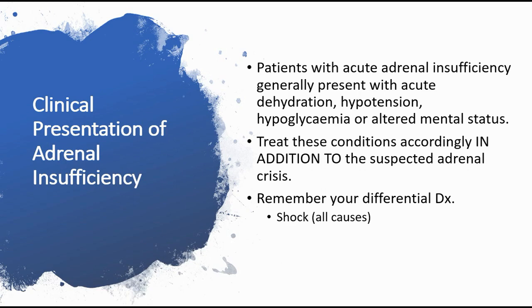So what do we do? The good thing is we're not making an either-or choice. We're not choosing between treating adrenal insufficiency with steroids or treating the hypotension with fluids and vasopressors. You do both. The good news is that you get to treat both of them. You just add steroids on if you think Addisonian insufficiency is a cause.